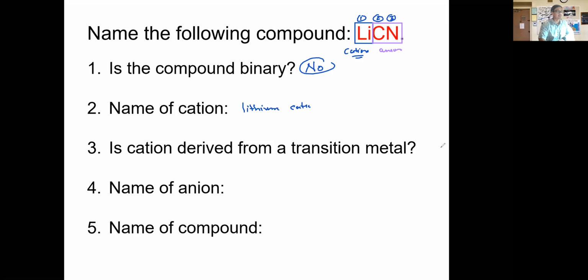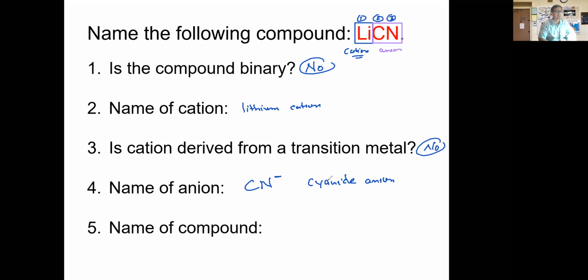Lithium is a 1A metal, so it is not a transition metal, so we don't have to use the Stock system. So what is the anion now? The anion is the CN. The anion itself has this symbol, and hopefully you recognize and remember that it's going to be CN minus. Which means that the name of this anion is the cyanide anion.